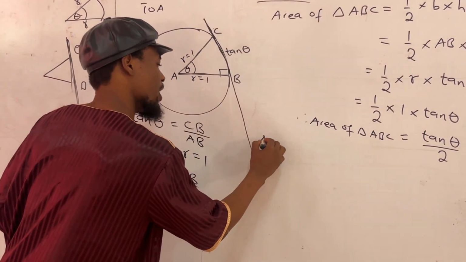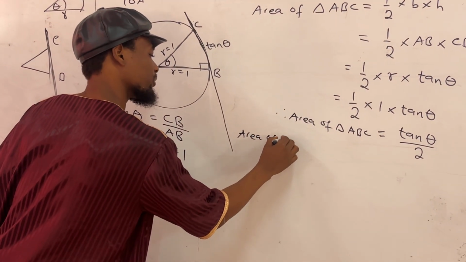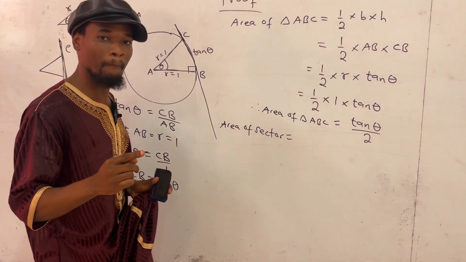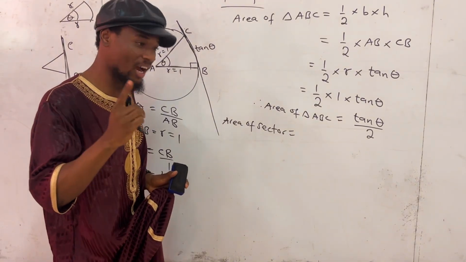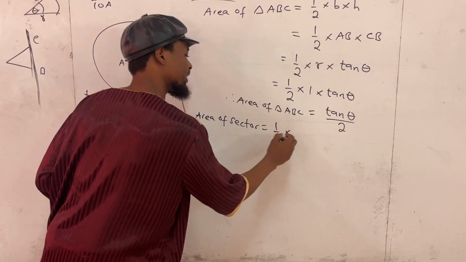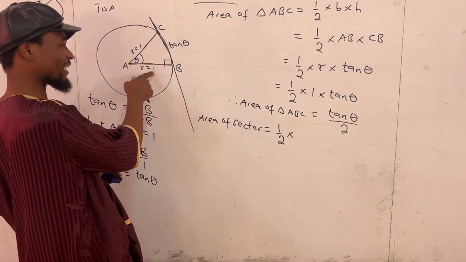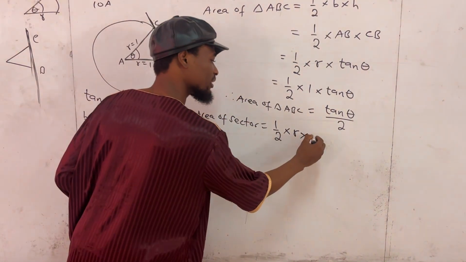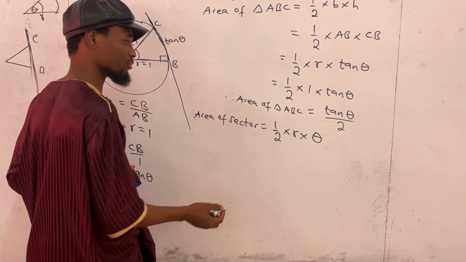So the area of our sector is given by, again, from basic algebra or from our pre-calculus, half times R, here the base is R, so times R, then times the angle, which is our theta.